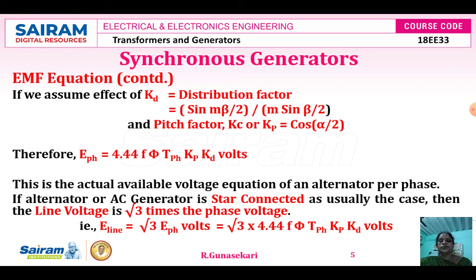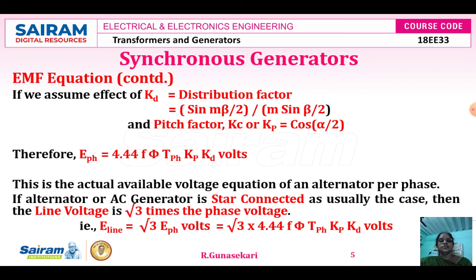So the E phase is 4.44 f phi T phase Kp Kd. This is the final formula for the EMF induced in the synchronous generator per phase, equal to 4.44 f phi T phase Kp Kd volts.